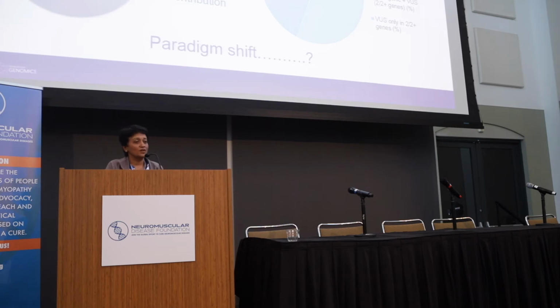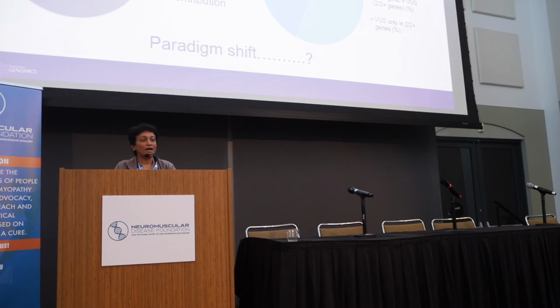So what we found in this sort of cohort is that not only we found 2 mutations in the same gene in the case of GNE myopathy, for example, but we also found mutations in other genes. And this is where the story starts changing, and it becomes interesting and important from the patient perspective of why we need to look at other genes when we have a diagnosis for a single gene, and that has been known for a very, very long time.